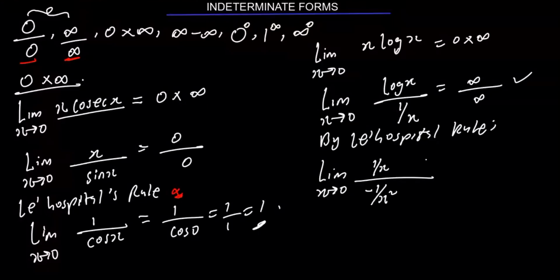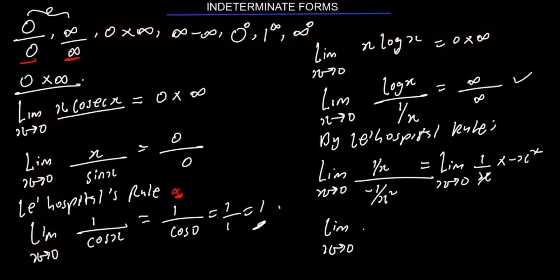So from here, I'll be having the limit as x tends to 0, 1 over x times negative x squared. So this, we take care of one of these. I'll be having the limit as x tends to 0 of negative x. And what's my answer? 0. If I substitute, minus 0 is 0. So that is it for 0 times infinity.